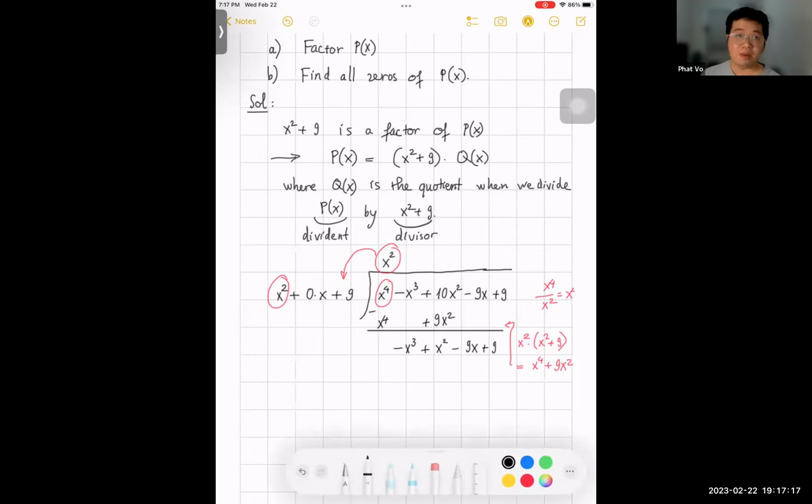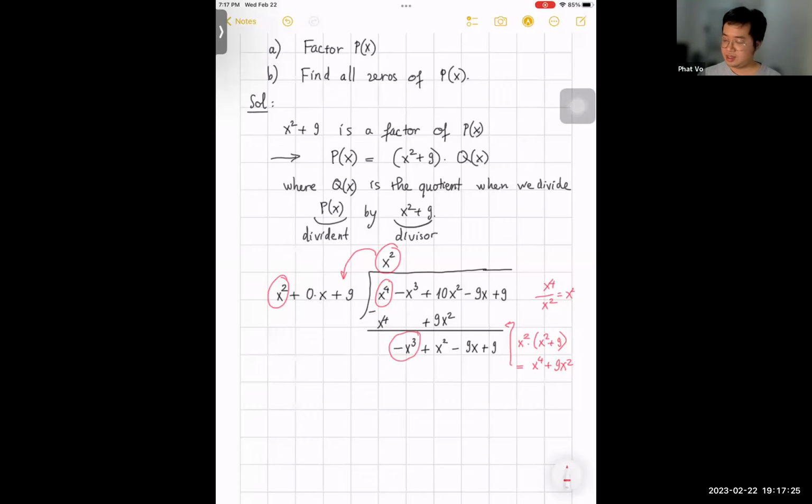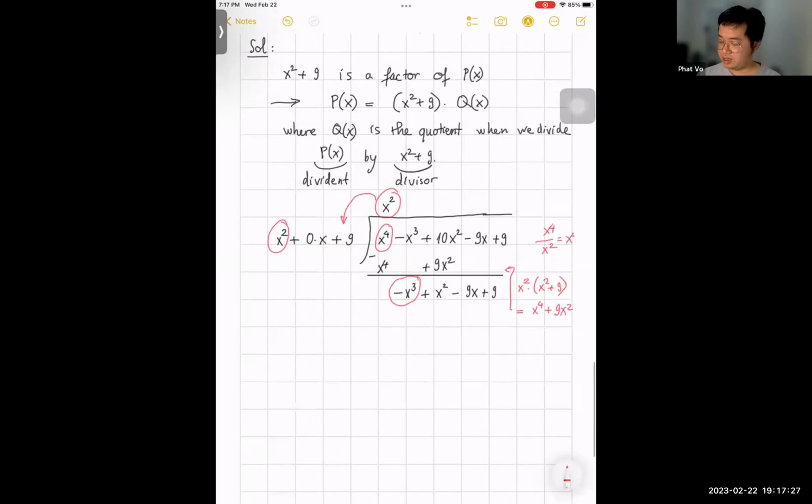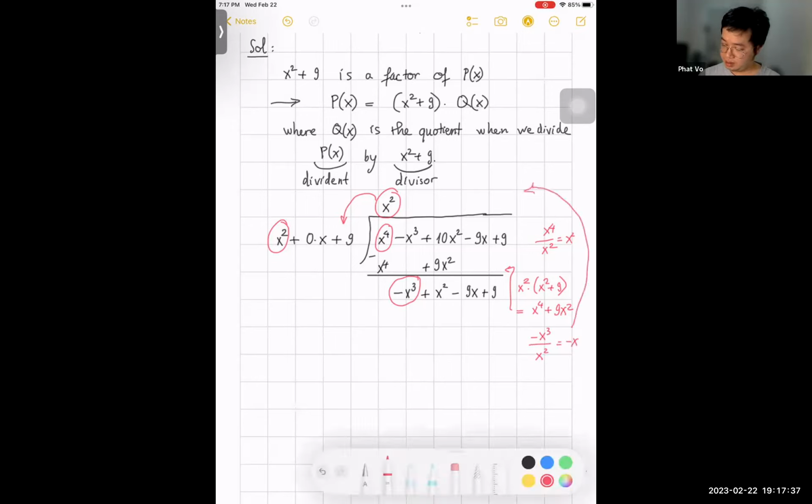Now we have a new polynomial, and the new leading term is negative x cubed. So we divide the leading terms: negative x cubed divided by x squared is negative x. You put negative x on this line.